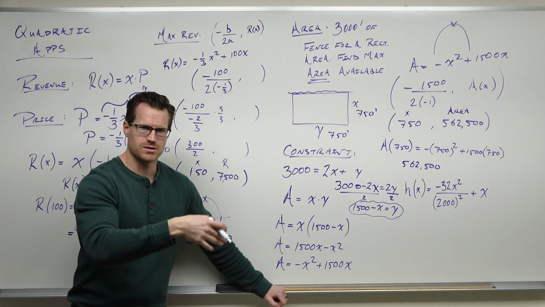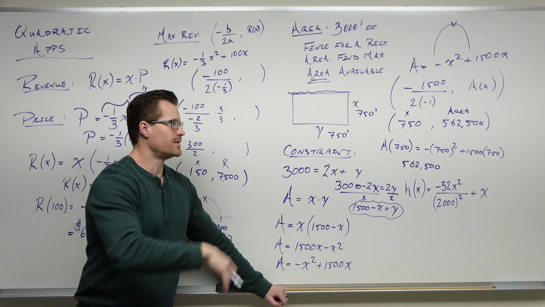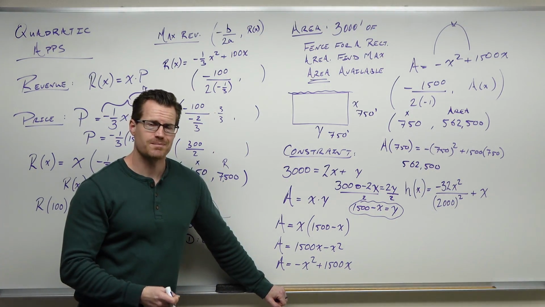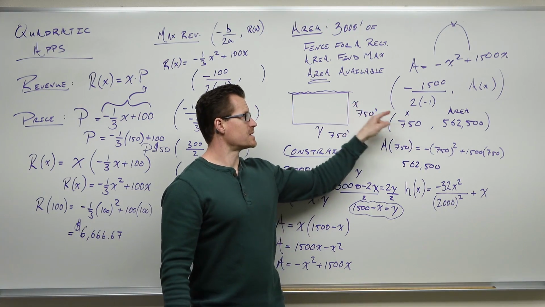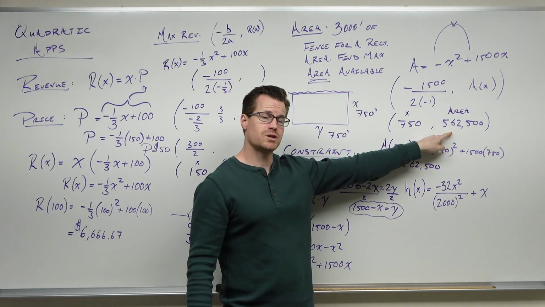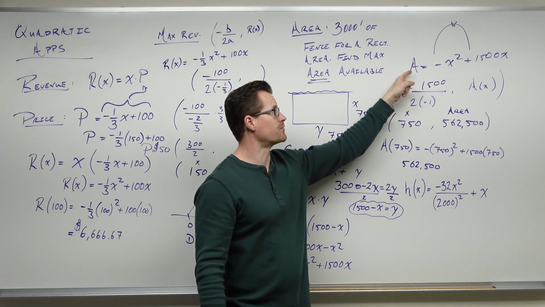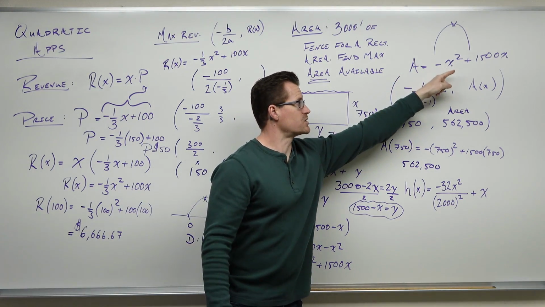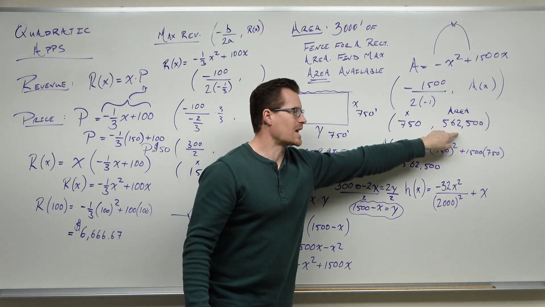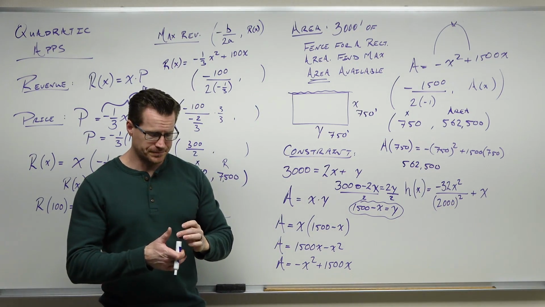Subtract your 2x, make your substitution, do your distribution, and then you'd find your vertex with the vertex formula. That's about it. Just remember that that's going to be an x measurement, and your maximization, this is your max area. You are finding the vertex of your area function. That gives you a dimension of one side and the actual area if you plug it into your function.